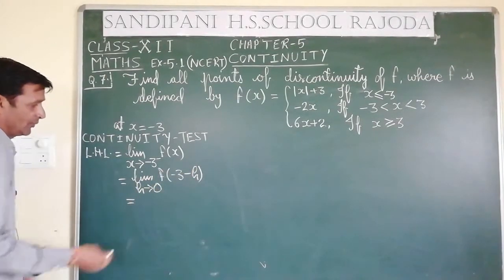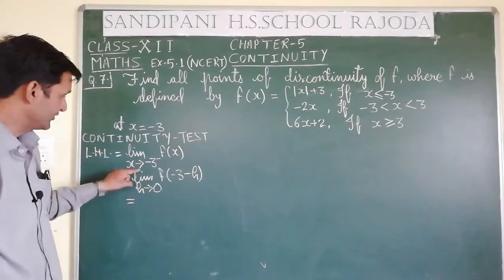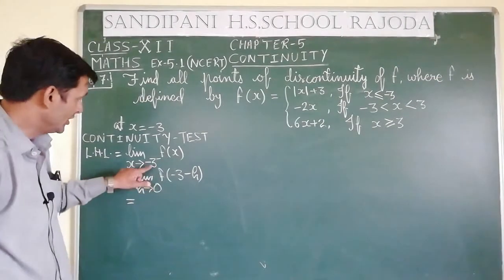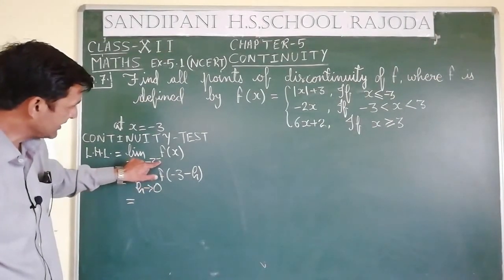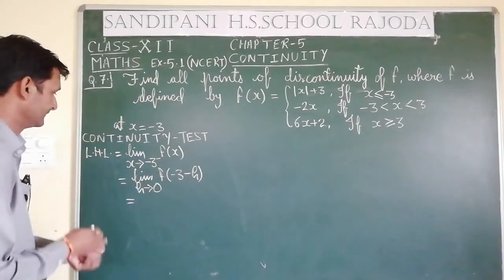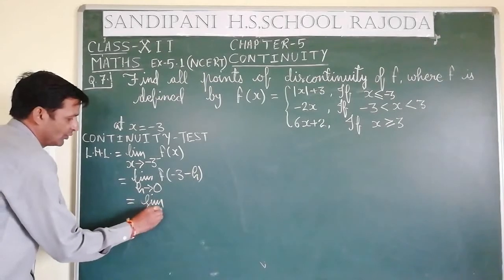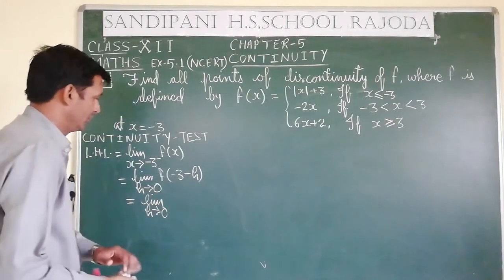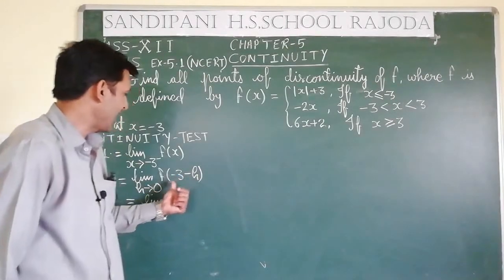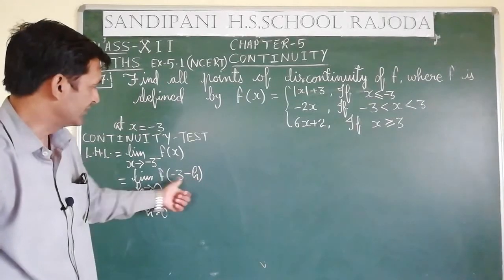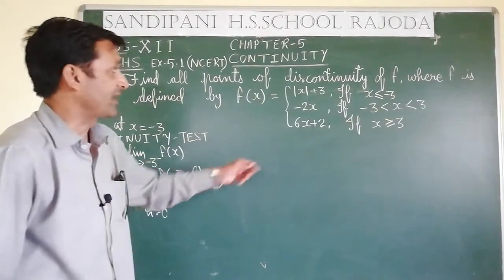Because we are changing the limit to h tends to 0, we have to write it as minus 3 minus h. Now we have to replace x of that function with this value, minus 3 minus h.